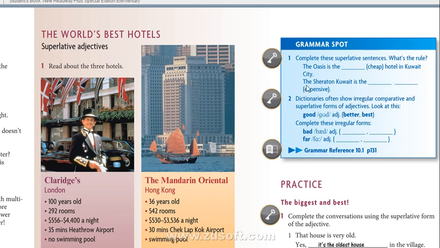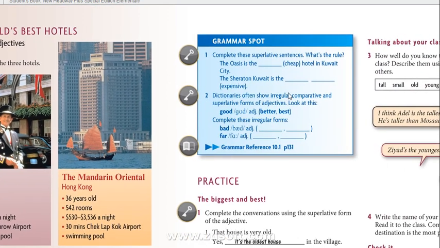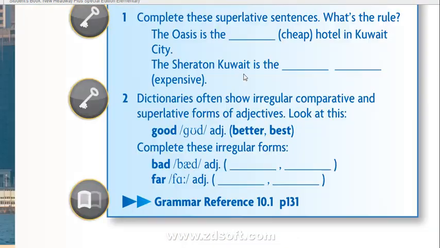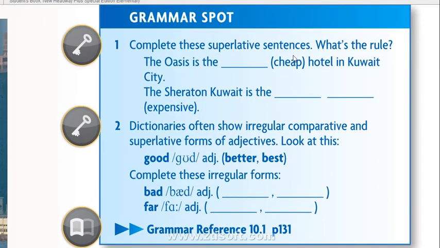Like the grammar spot on page number 77. Look at the examples given here. Complete the superlative sentence. What is the rule? The Oasis is the cheap hotel in Kuwait City. So instead of cheap, we have to write the comparative form cheaper, superlative form cheapest.